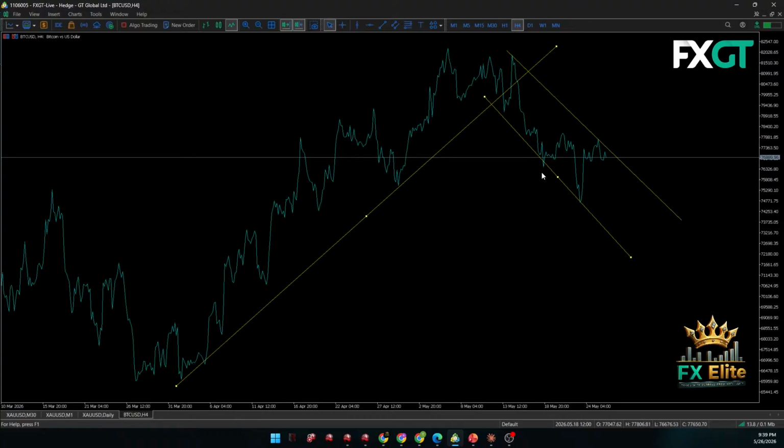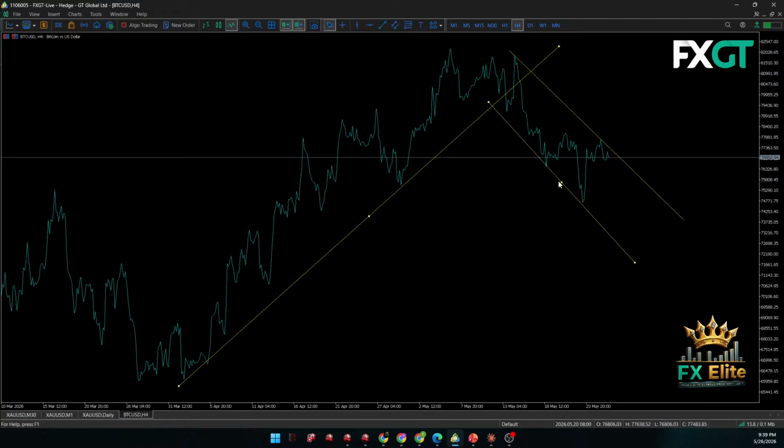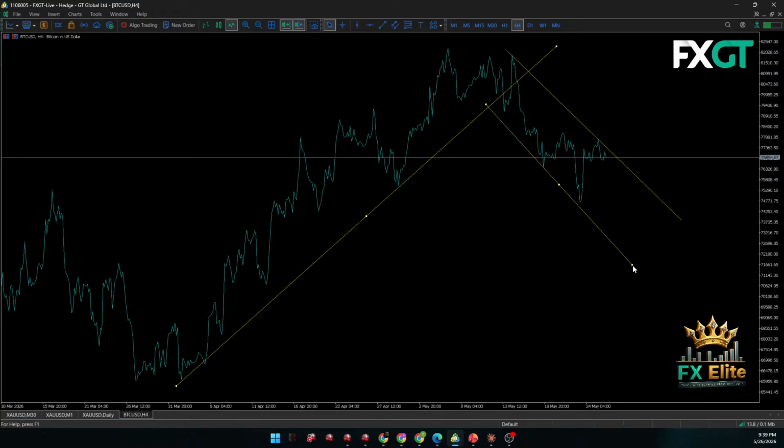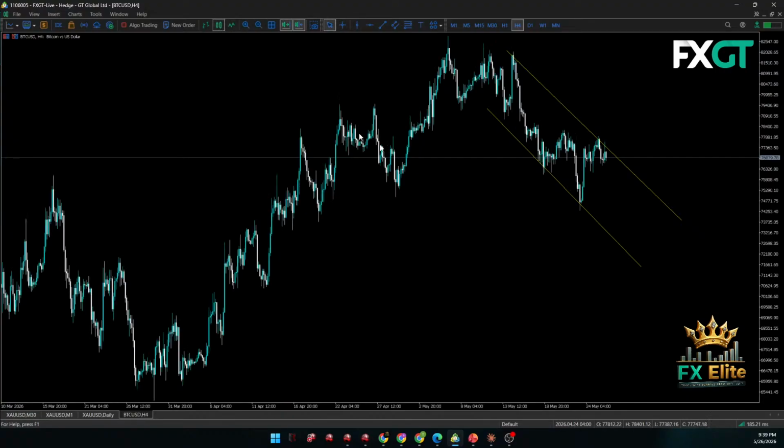Let me delete this one. So usually if you want to use the candlestick or line chart, that's the easiest one. But usually I just use candlesticks, to be honest.